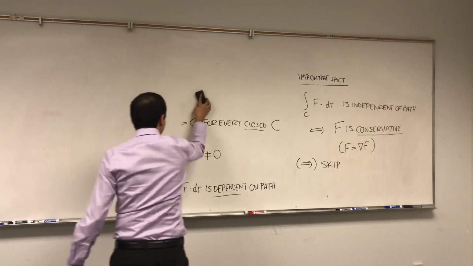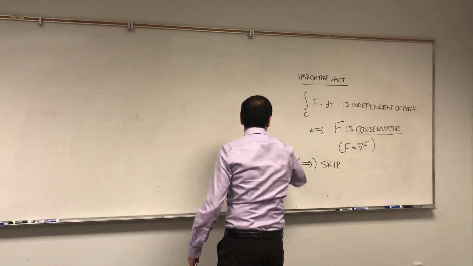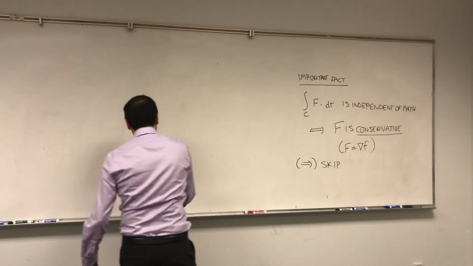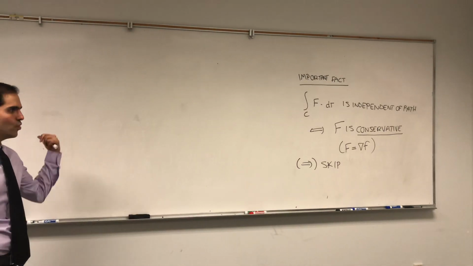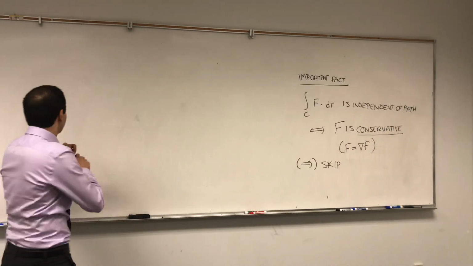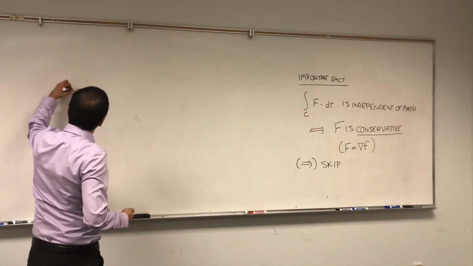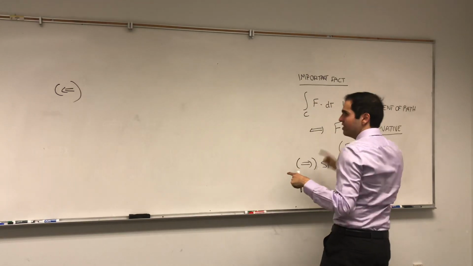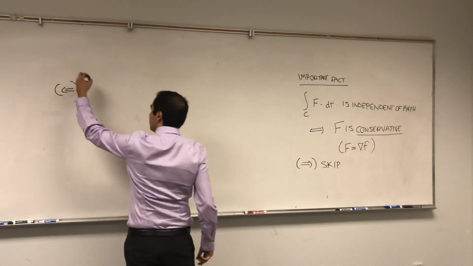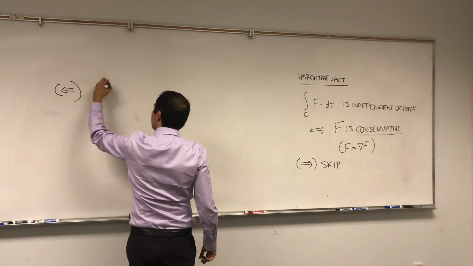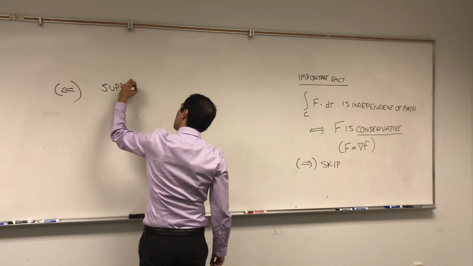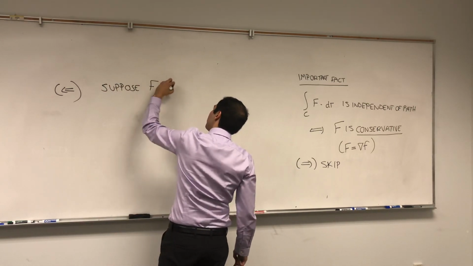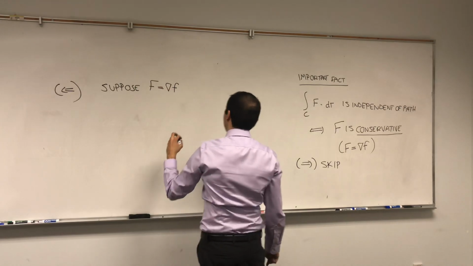But the other direction I want to prove because it's a very nice illustration of the test that I just showed. So we want to check that if F is conservative, then the line integral is independent of path. So suppose we do have F is the gradient of some function f.